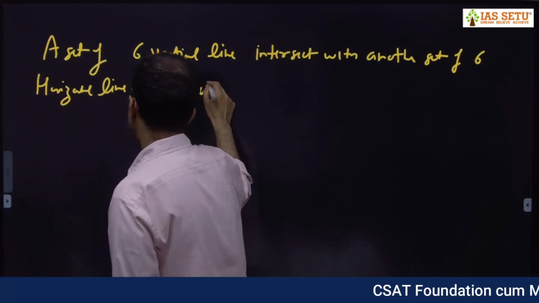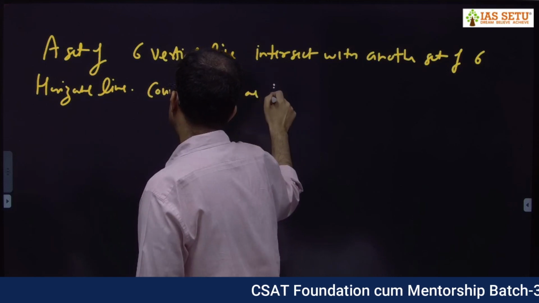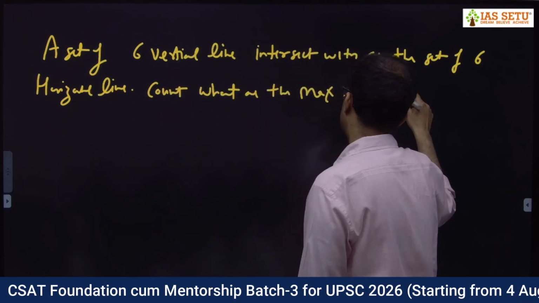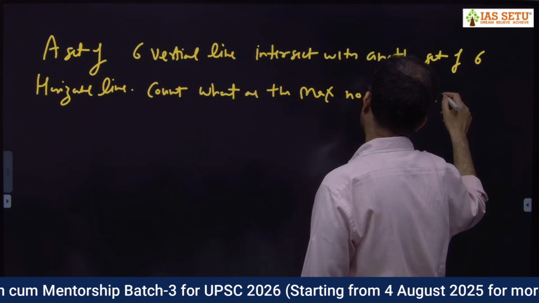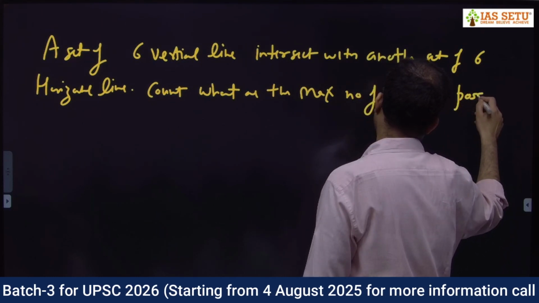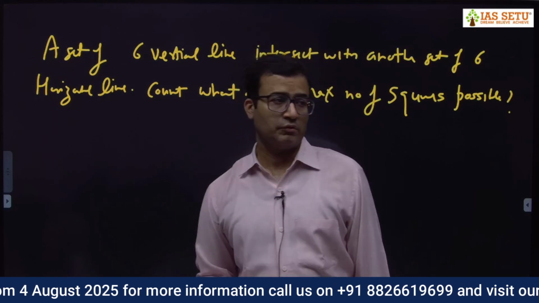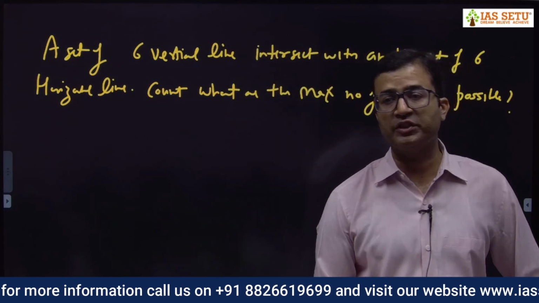Count what is the maximum number of squares possible. Squares possible. You have to be careful about the question. What is the number of squares possible with these lines?